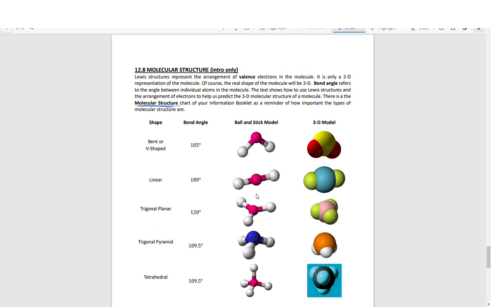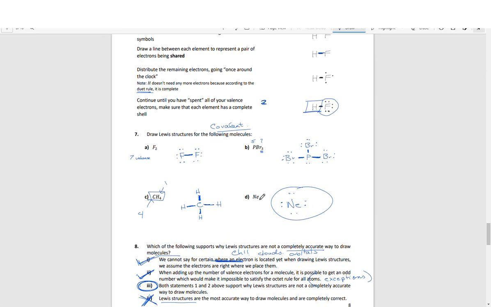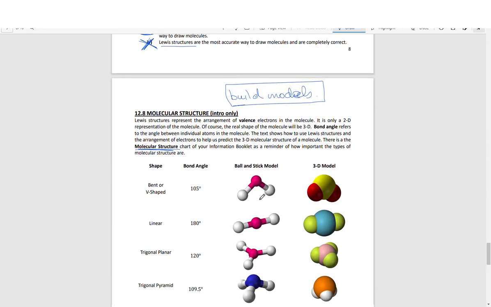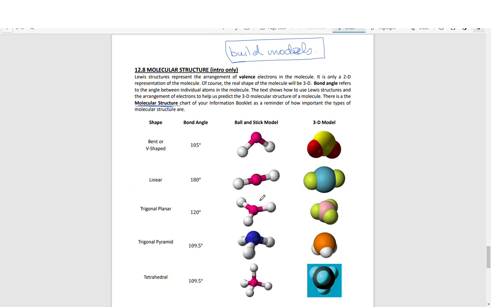We can use a molecule building set to build models. I keep looking for an online simulator for that because it's really very specific about how these molecules come together. You get a bit of a sense of it with drawing the Lewis dot structures, but we've just kind of debunked some of the Lewis dot structures. So I didn't take this chapter as far as it goes in the textbook for that reason.